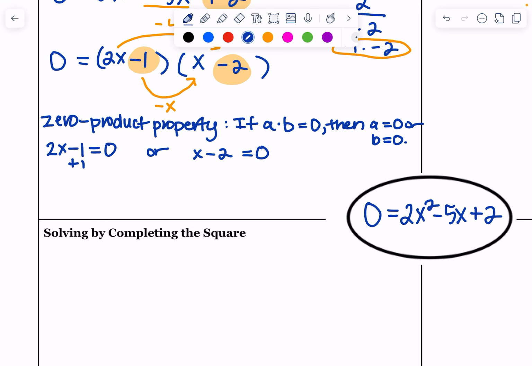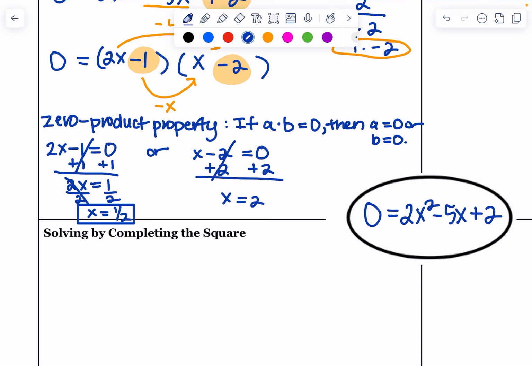On this first one, I'll add 1, and then I'll divide by 2. For my first solution, I get x equals 1/2. For the second one, I'll add 2, and I get x equals 2 for my other solution.